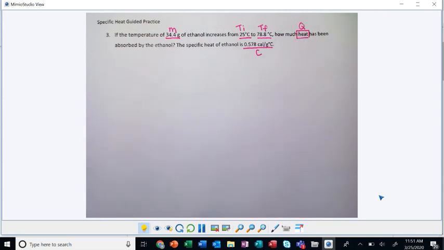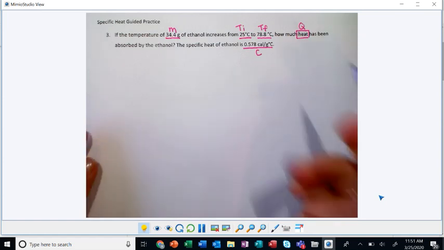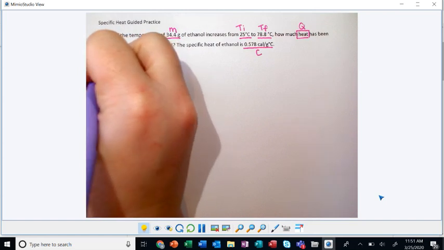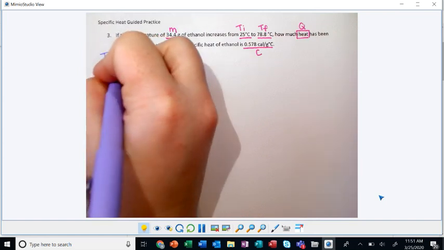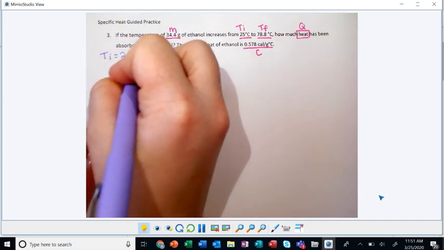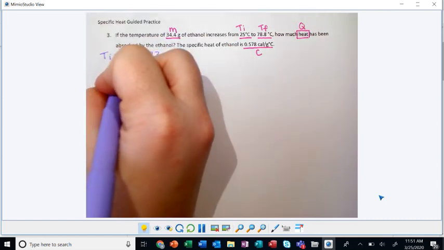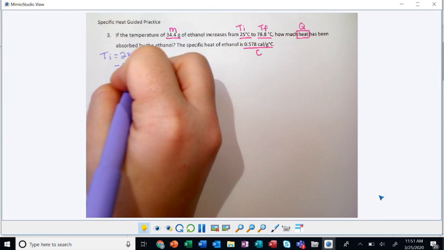All right, so we're going to go ahead and change our temperatures into Kelvin. So my initial temperature is 25 plus 273, and we get 298.